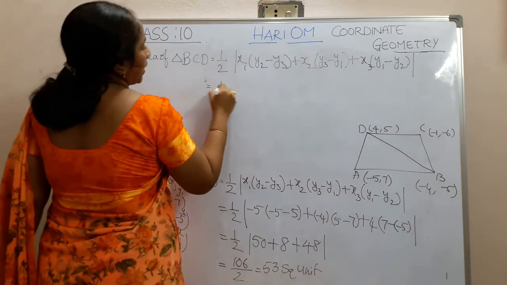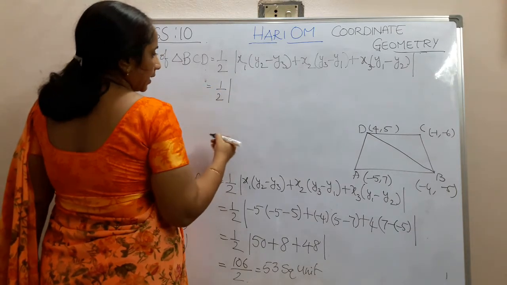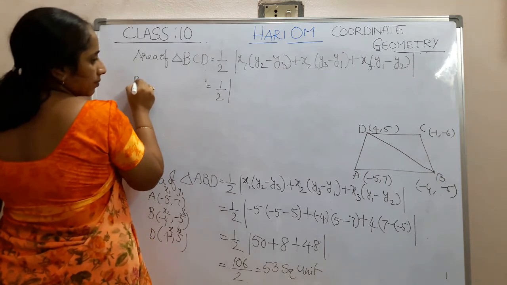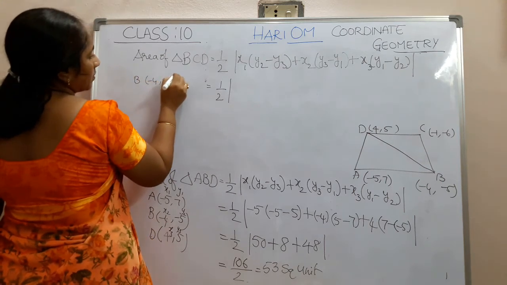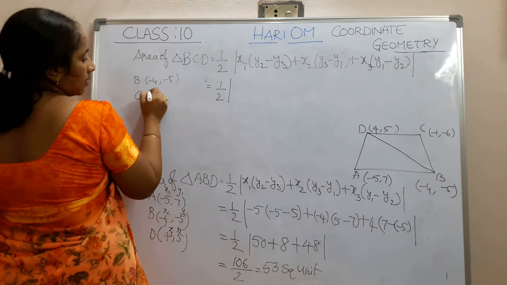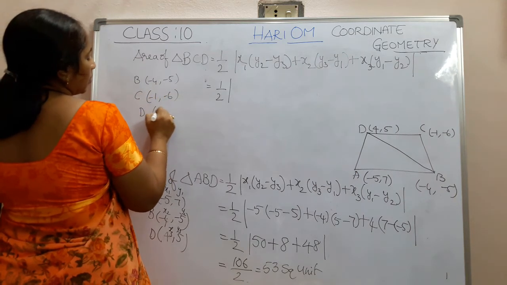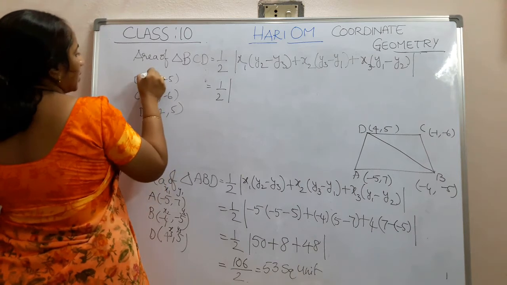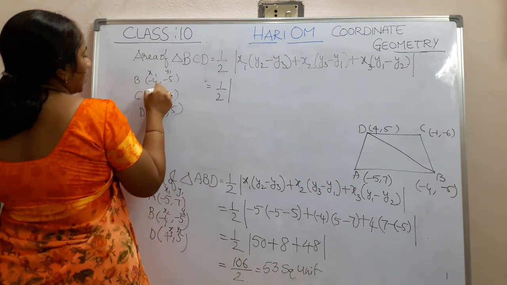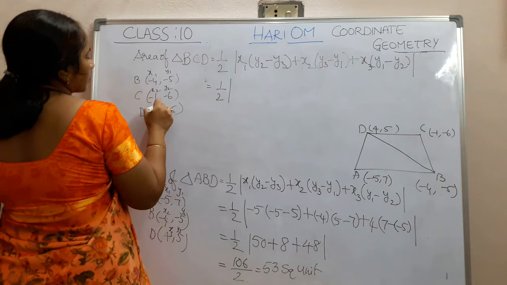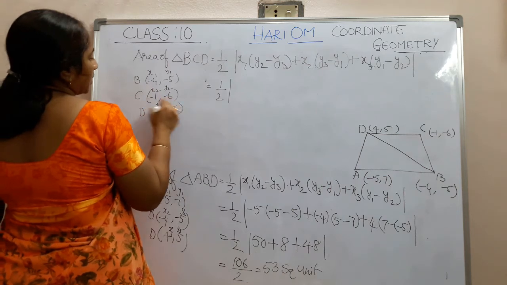It is 1 by 2, B minus 4 minus 5, C minus 1 minus 6, D 4 5, x1 y1, x2 y2, x3 y3.